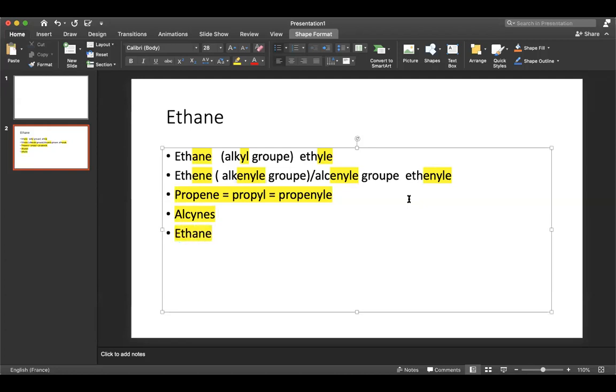It all starts from this one. Ethane's alkyl group is called ethyl. The second one is ethynyl. The third one is the same thing. We are just changing the terminaison and adding this prefix.